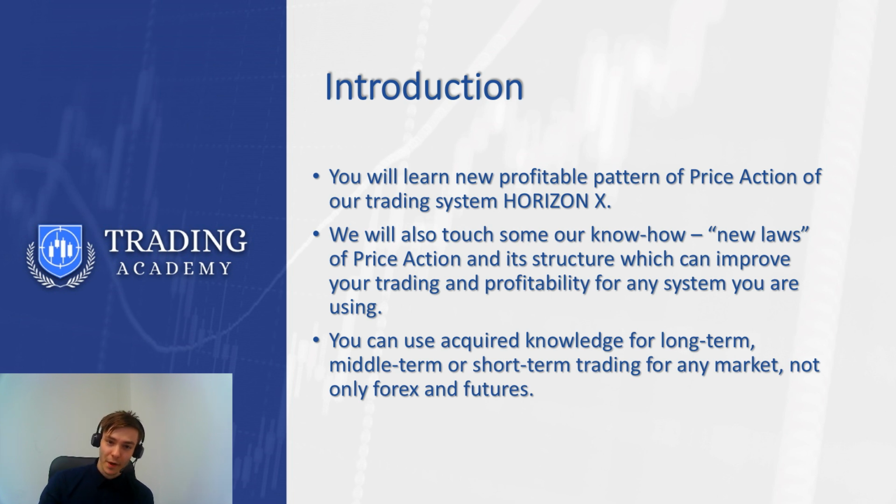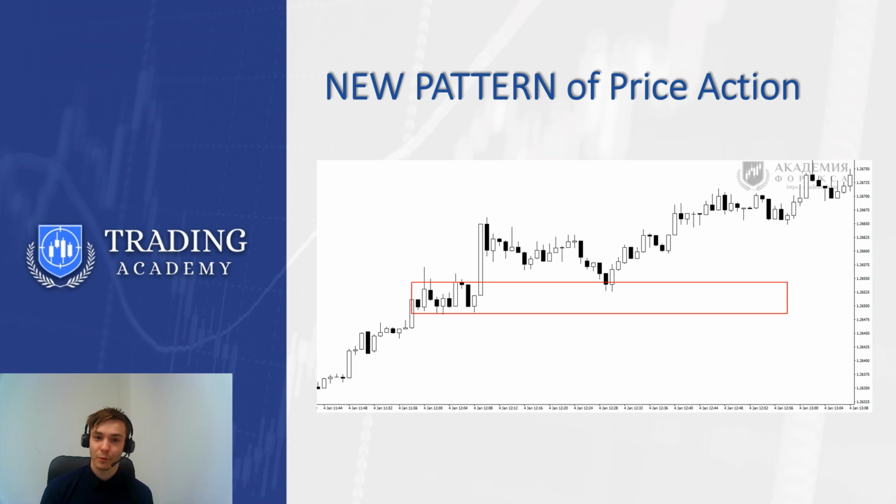So let's go directly to the pattern and we will explain what is behind. The pattern consists of a few ingredients. The first one is accumulation. Let's say that we have some general direction of the market. The market is moving up, and let's say we see this candlestick here, this one.